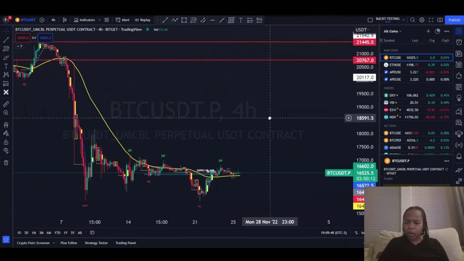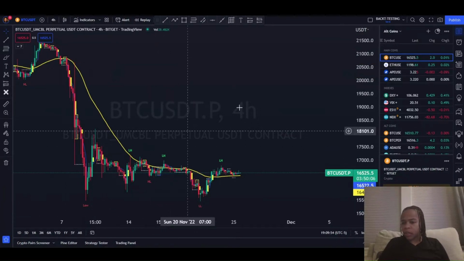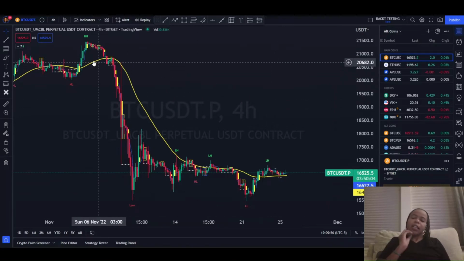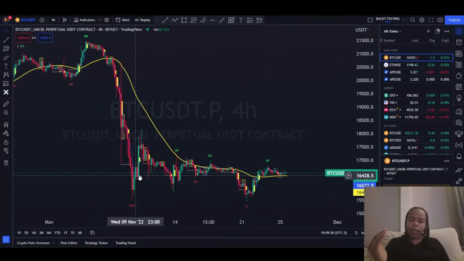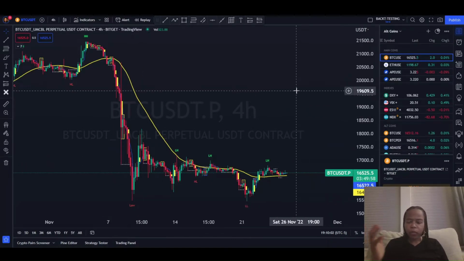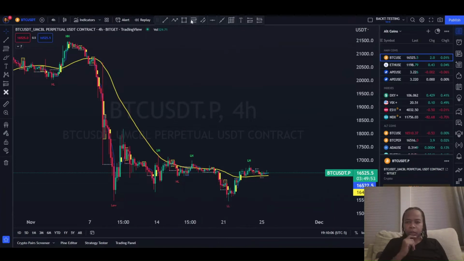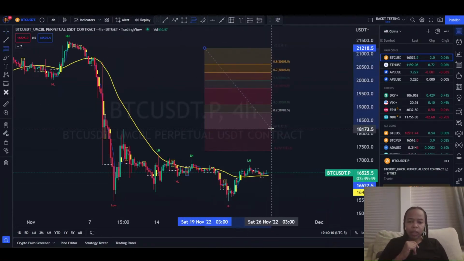Okay, so just for funsies, let's see if we can trade this super boring sideways move, and let's get rid of all these drawings. Trending markets, whether it's trending up or down, those work really well. But fun fact about the optimal trade entry. So if we're going to use the Fibonacci, right?